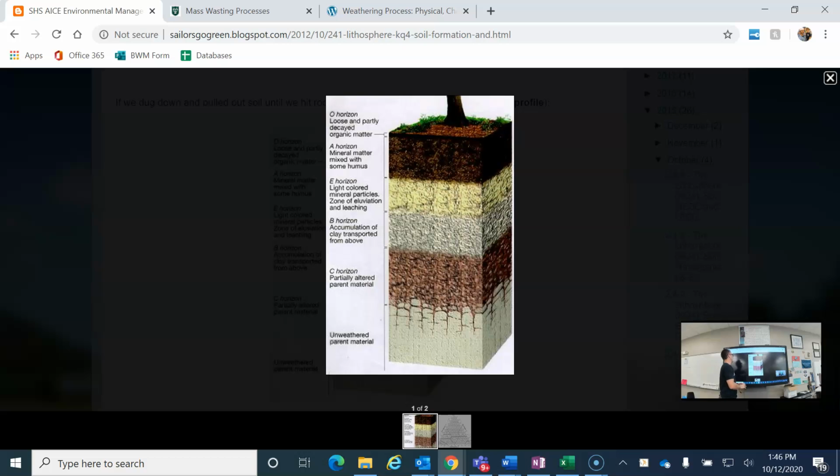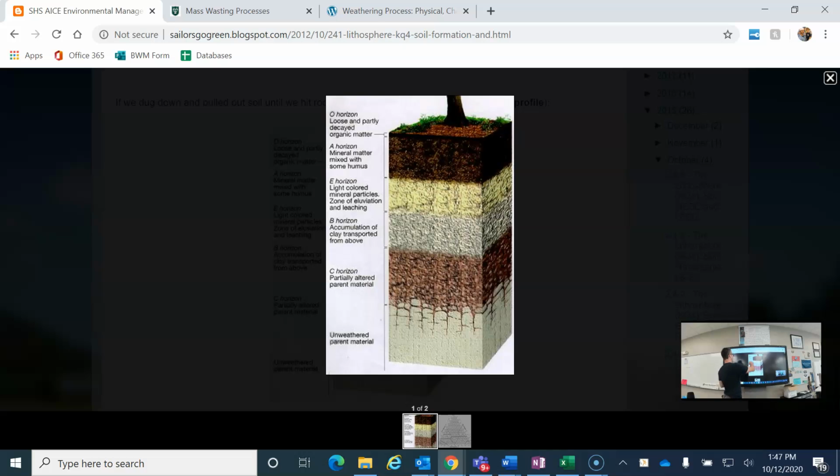The A layer is the mineral matter mixed with some humus. Humus is not the stuff that goes with pitas, the ground up chickpeas. Humus is what you'd find if you reached down under the leaf litter in a forest to pull up that black, really rich dirt. So it's very organic and rich in nutrients.